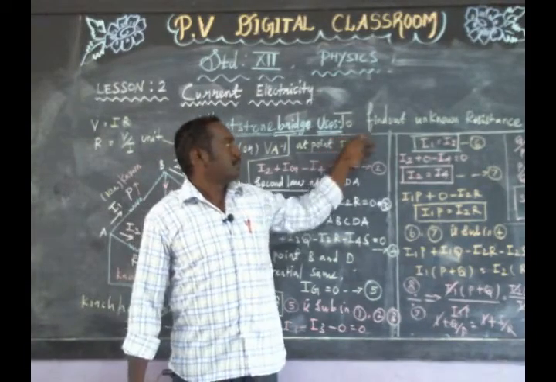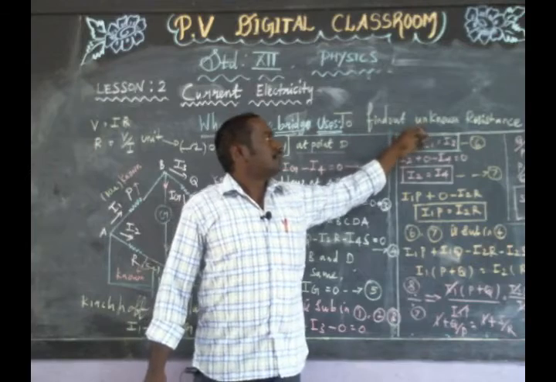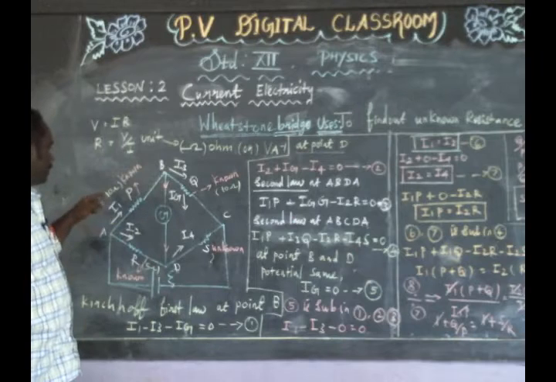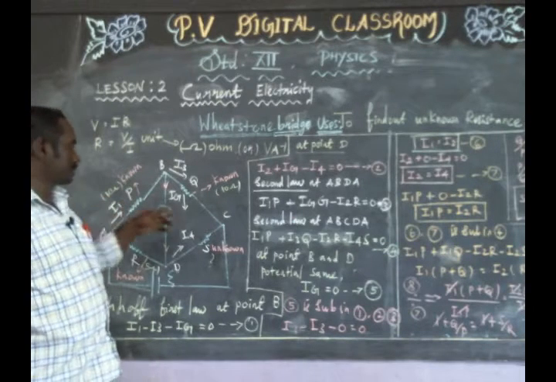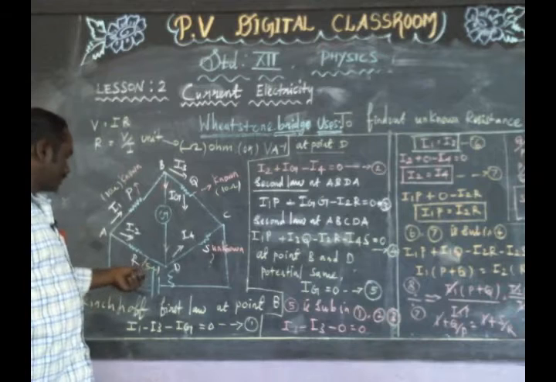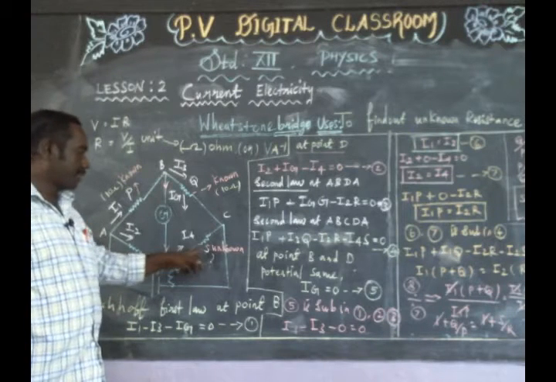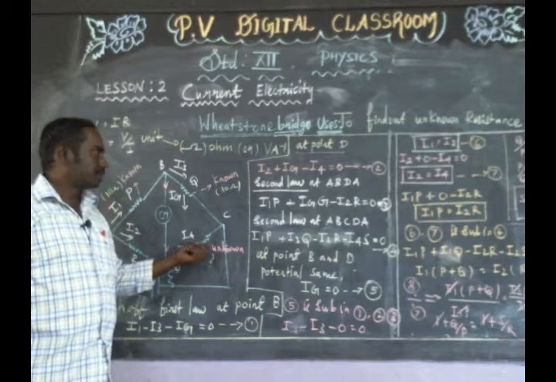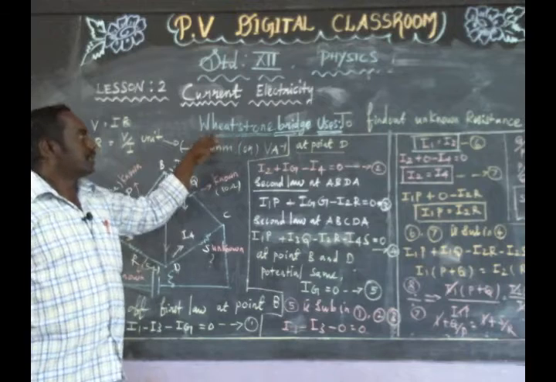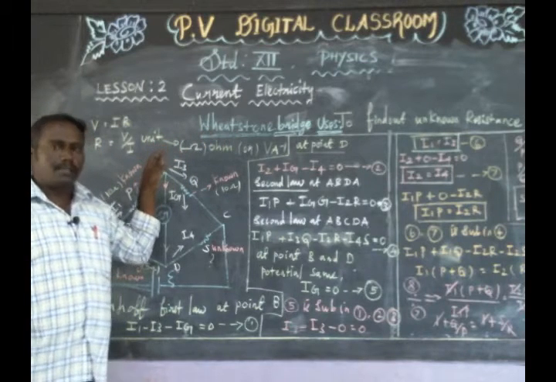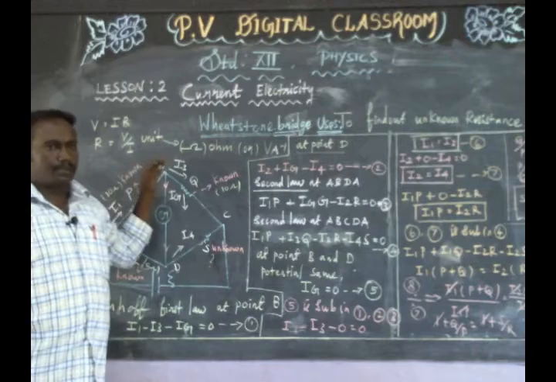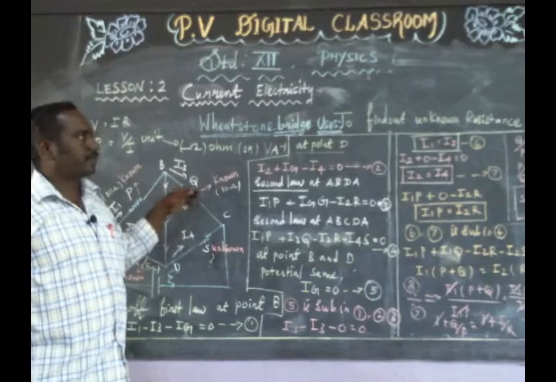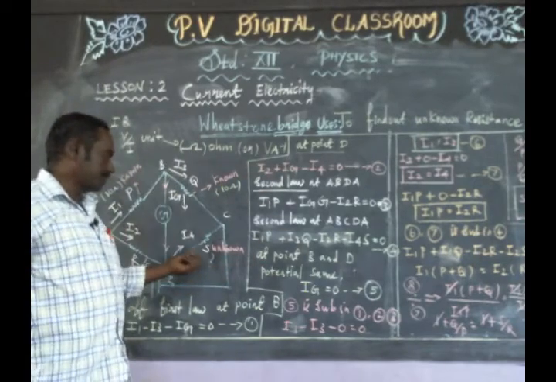It is used to find out an unknown resistance in an electric network. Already we know 10 ohm and 5 ohm known resistances; this is the unknown resistance, for example a wire. Kirchhoff's rule is used to find voltage and current, while the Wheatstone bridge is used to find the unknown resistance.